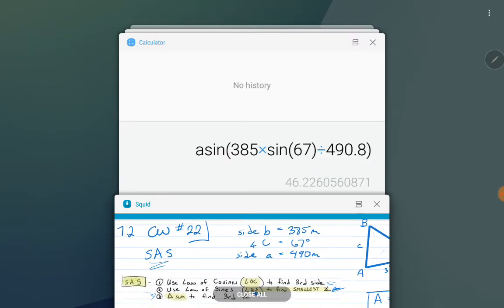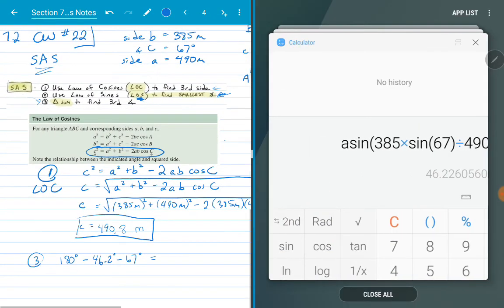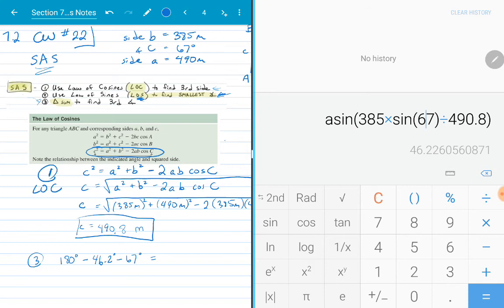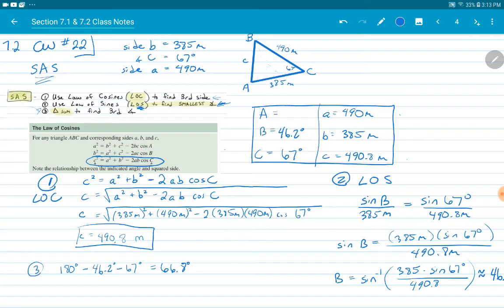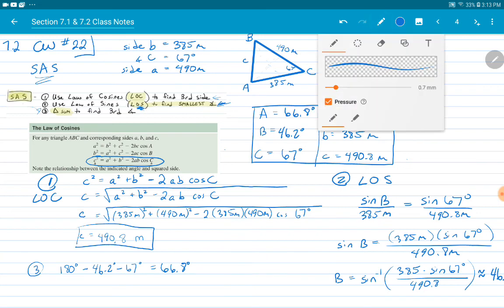And since I am allowed to use my calculator on this, I might as well take advantage of it and do that here. 180 degrees minus 46.2 minus 67 gives me 66.8 degrees for my third angle. Don't forget my label. And then that's my final answer.